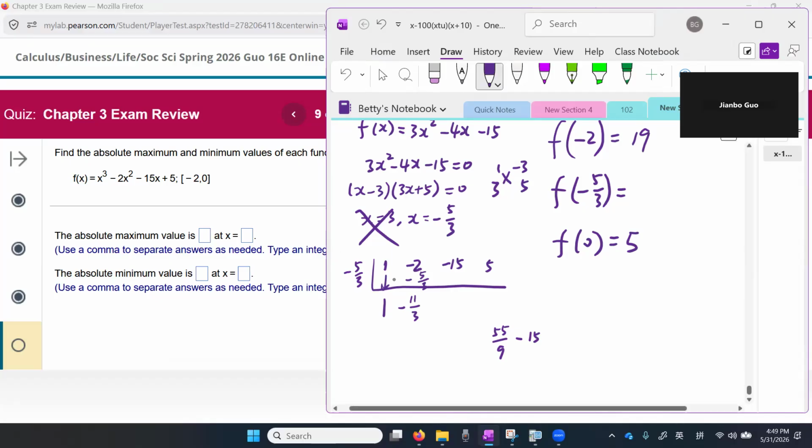So I would like to use, this is the 55 over 9. And 15 times 9 is 135. 135 over 9. That is -80.